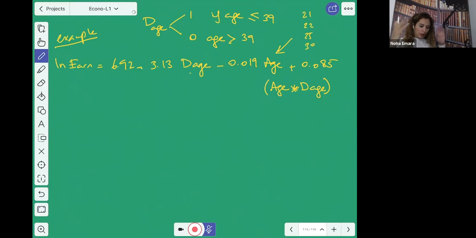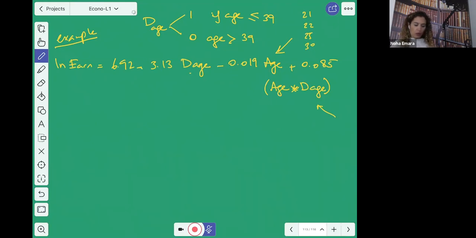So it's not a 0 or 1 variable, but it's a continuous variable. Now, this interaction term is here in order to do the differentiation between people who are 39 and less, and people who are strictly more than 39.